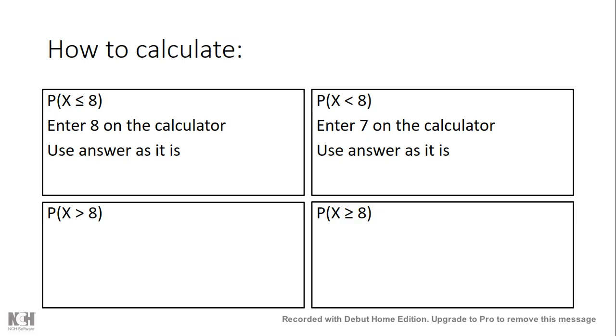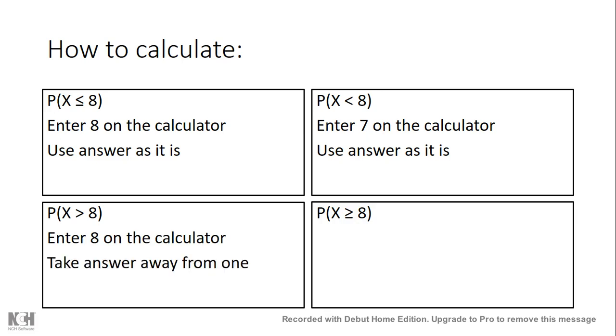Well here, we don't want it included in the greater than, so we've got to include it in the less than. That's what the calculator is set up for. So here, we can just enter 8 on the calculator, because the group that we're not including is less than or equal to 8, just like the calculator is set up for, and we just take that answer away from 1.